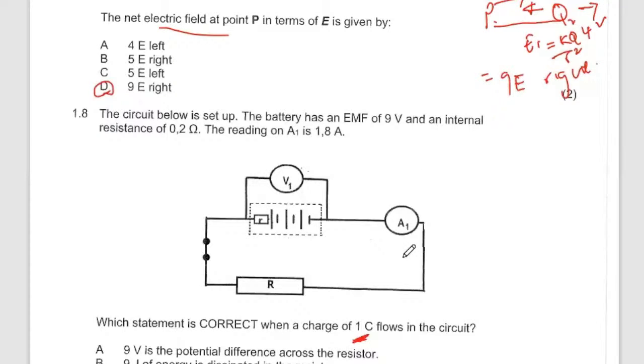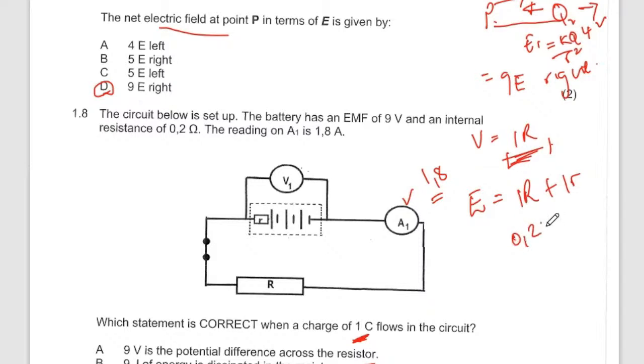Let's see, they're telling us that 9 is the potential difference across the resistance. So if the current is 1.8, now that V is going to be, but we know this EMF is I R plus I small r. They give us the internal resistance as 0.2.